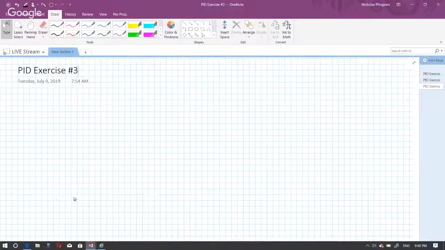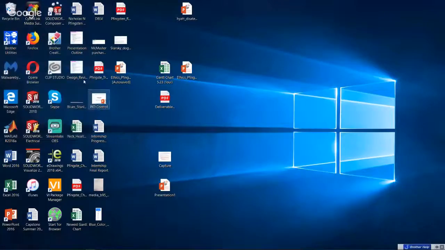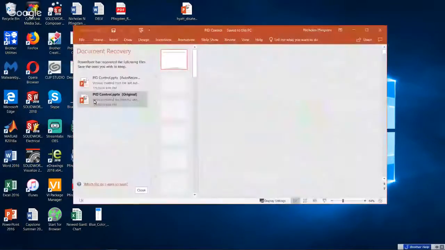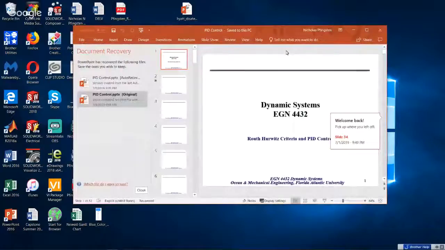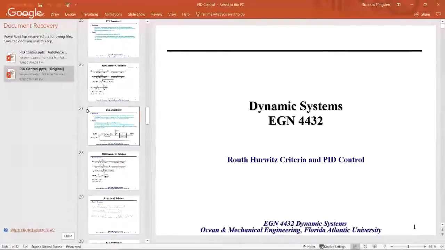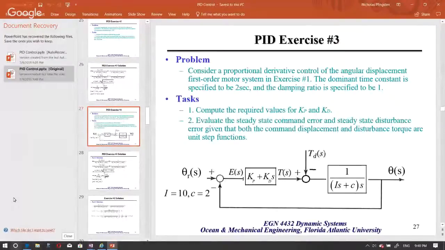So I'm going to jump to the PowerPoint, and I'm going to show you guys the exercise that we're about to do, and then I'm going to snip it and drop it in. So here's the exercise. Now I'm going to go ahead and snip it.